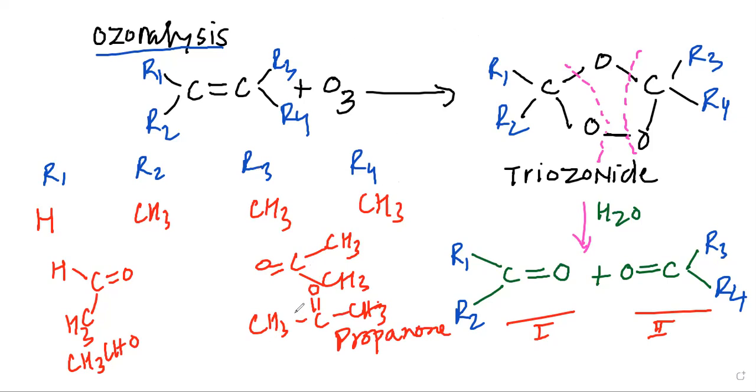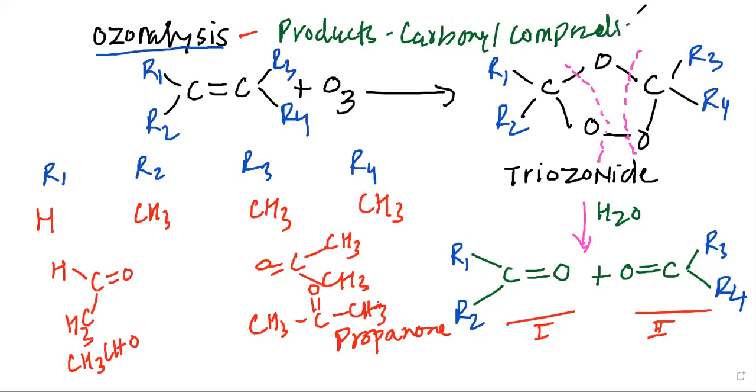In ozonolysis, we will get either an aldehyde or a ketone as a product. Please remember, the products of ozonolysis are carbonyl compounds, most probably aldehydes and ketones.